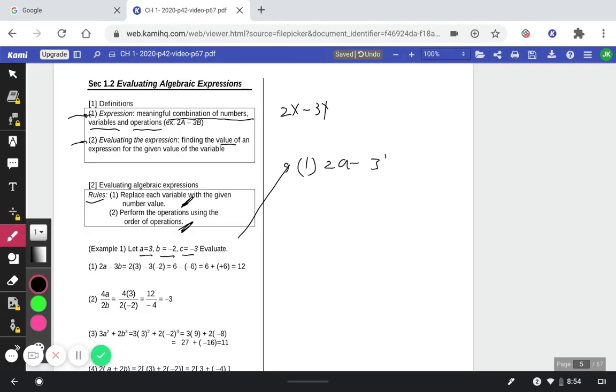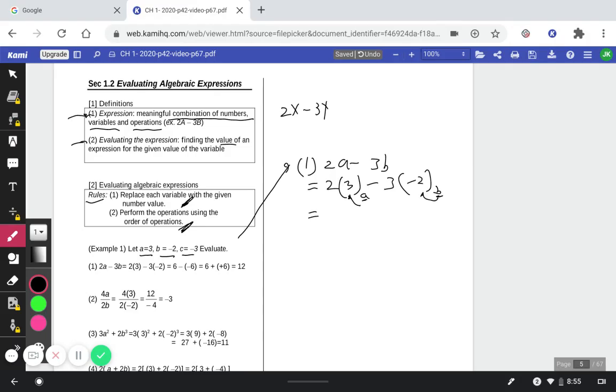2a minus 3b. So the way you do it is you first replace each variable with parentheses and an indicator. So a in the bottom in small means you're supposed to replace with the a value in there, and b in the bottom means replace anything in here with the b value. The a value was 3 and the b value was -2, right?